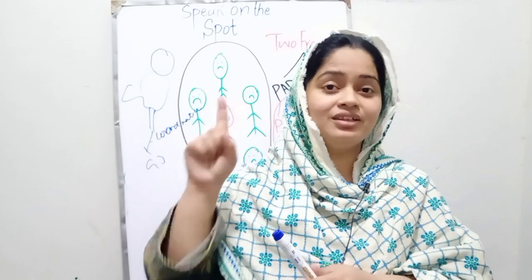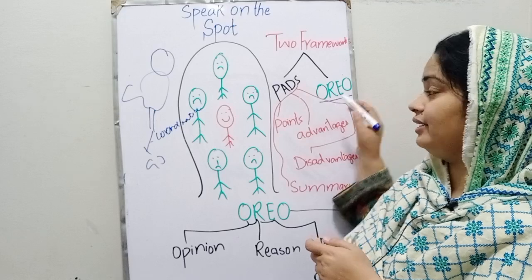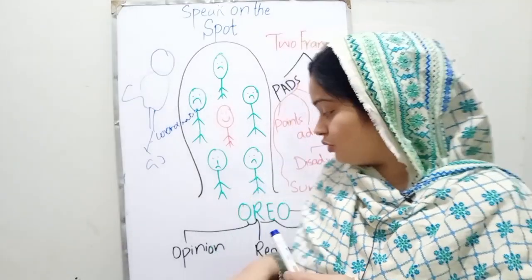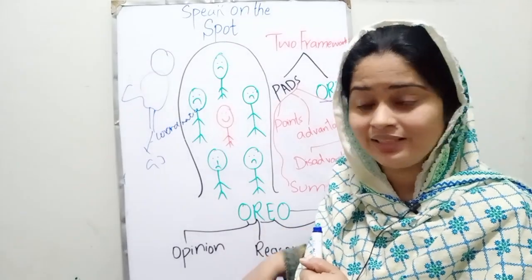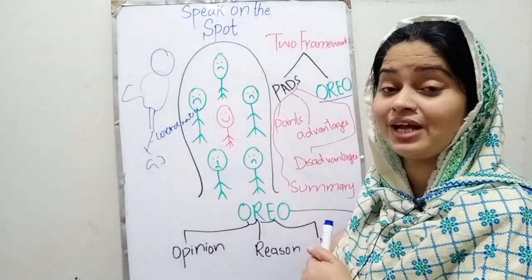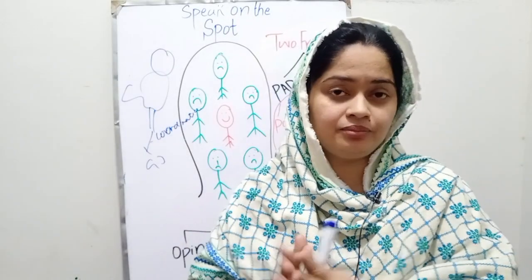Number 2 framework, the number 2 template or system, is OREO. The first O stands for opinion, the second R stands for reason, the third E stands for experience, and the last O stands for opinion.